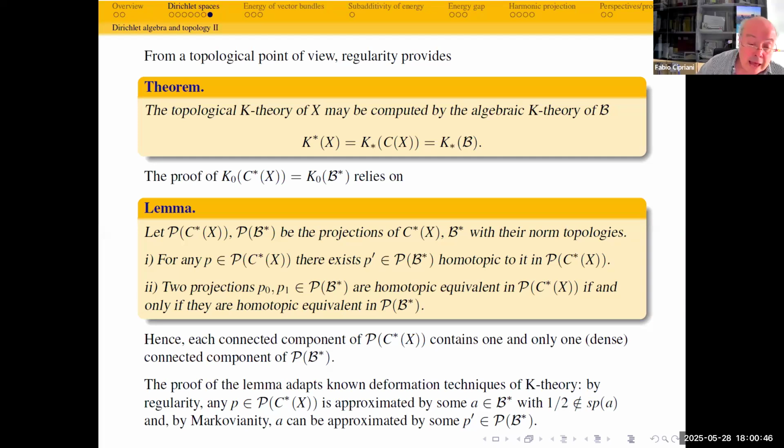And then by Markovianity, taking functions of it, one can approximate it by a projection which has finite energy, a projection in the Dirichlet algebra. These are the techniques we essentially use.